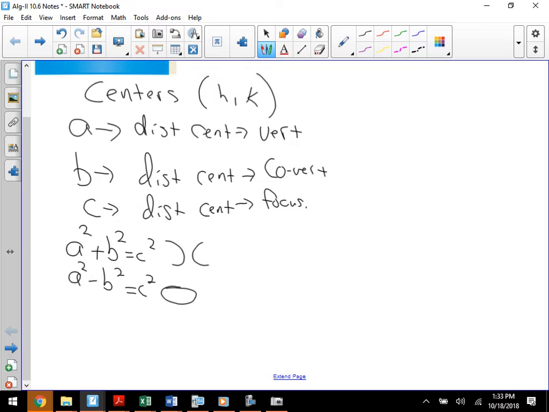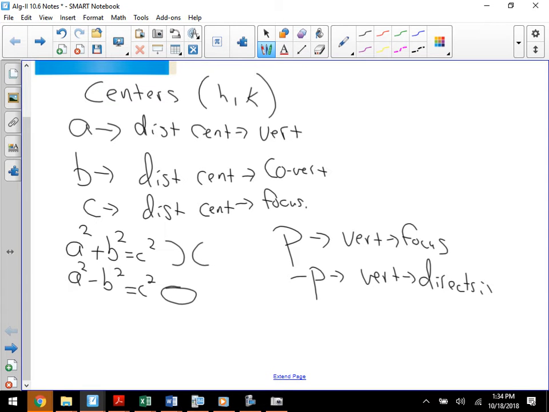All right. P. P was the distance from what to what, remember? It was vertex to focus. And then the opposite of P was vertex to directrix.